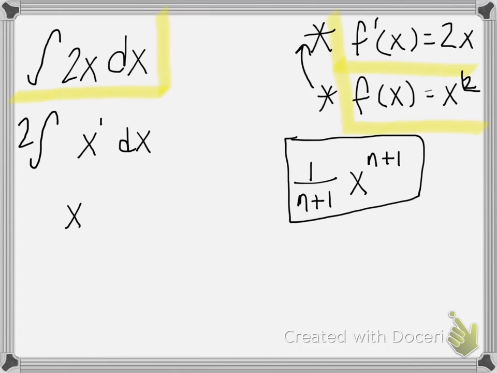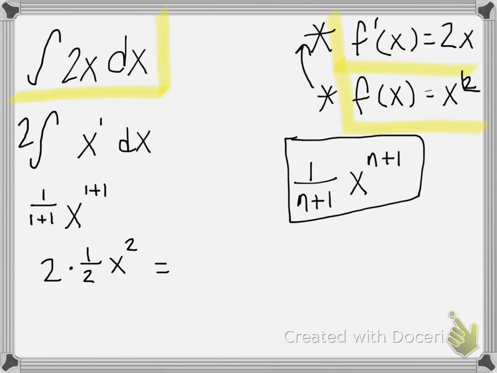x to the 1 is, the number 1 is going to be our n. So we do 1 over our n, which was 1, plus 1, times x to the n, which was 1, plus 1, and so that is going to give us our 2, because we can't forget the 2, times 1 over 2, because 1 plus 1 is 2, x to the n, which was 1 plus 1, gives us our squared.